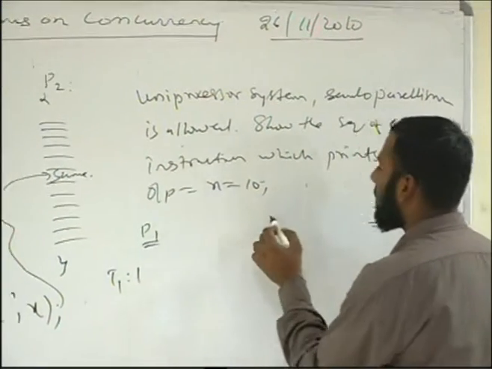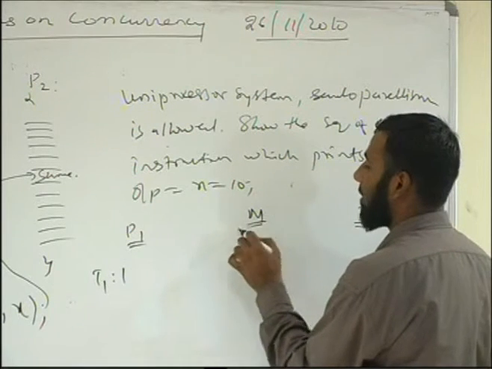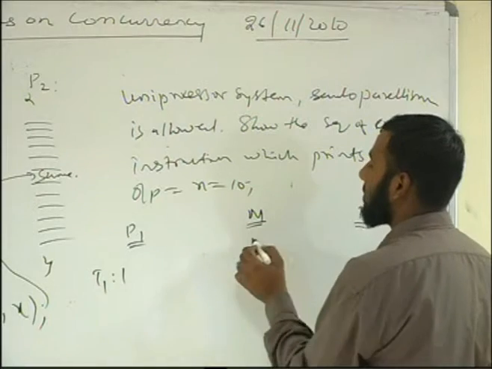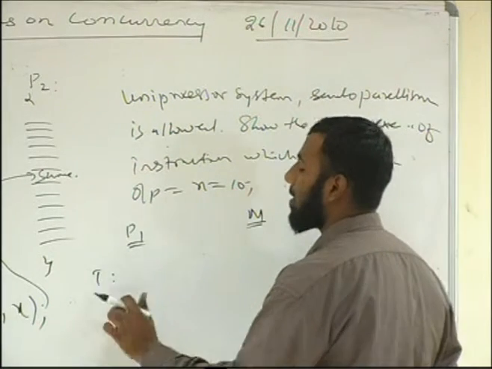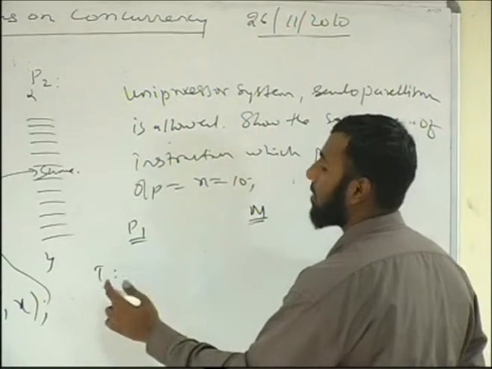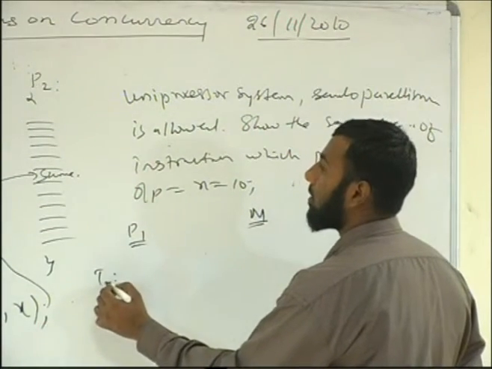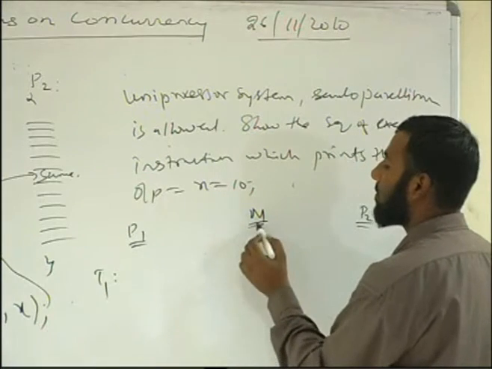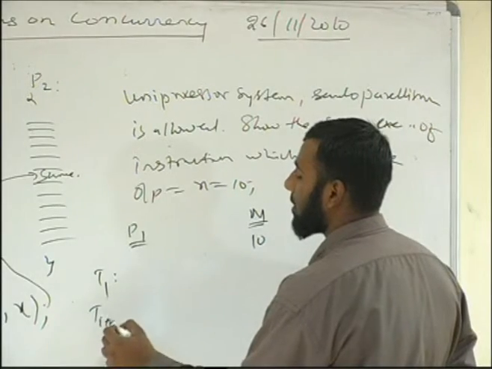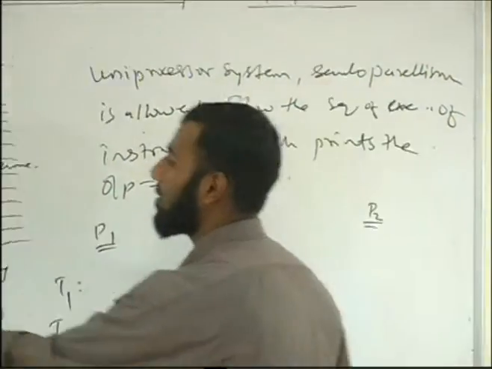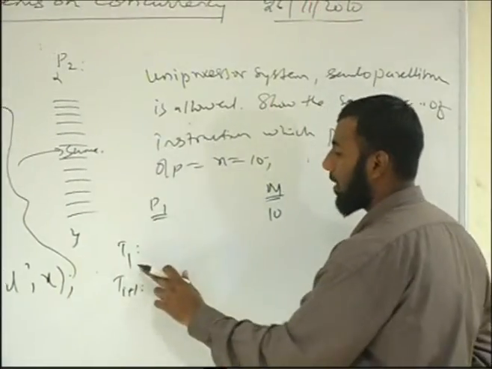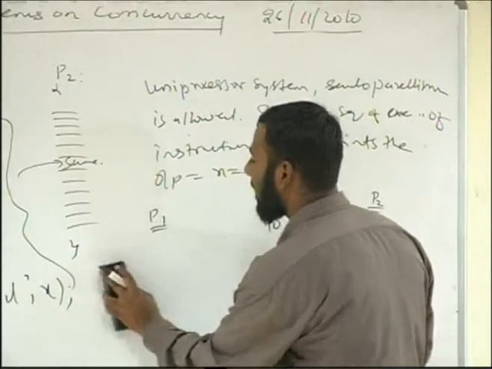So here you will have, for example, the memory context. At time 1, x is equal to x plus 1, and the value of x was initially 10. For the initial time t1, the value of memory is 10.